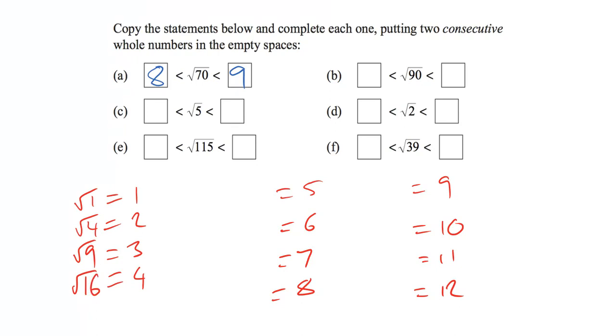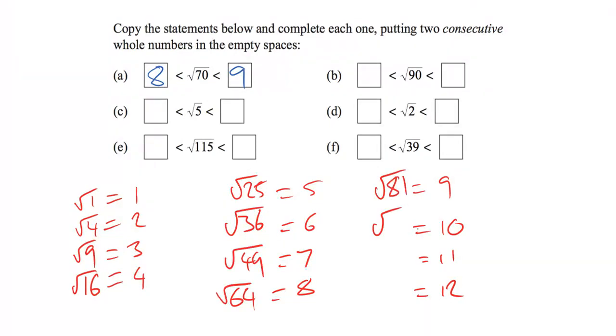The square root of 16 is 4. The square root of 25 is 5. The square root of 36 is 6. The square root of 49 is 7. The square root of 64 is 8. The square root of 81 is 9. The square root of 100 is 10. The square root of 121 is 11. And the square root of 144 is 12. So these are going to help us to identify where we are.